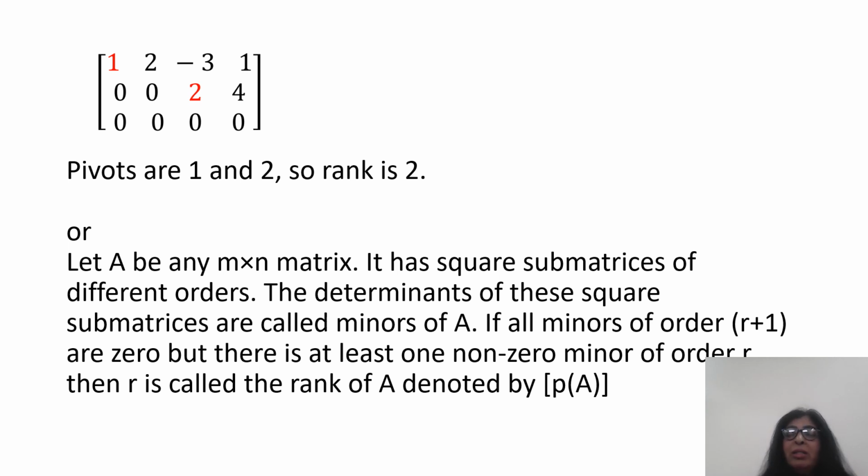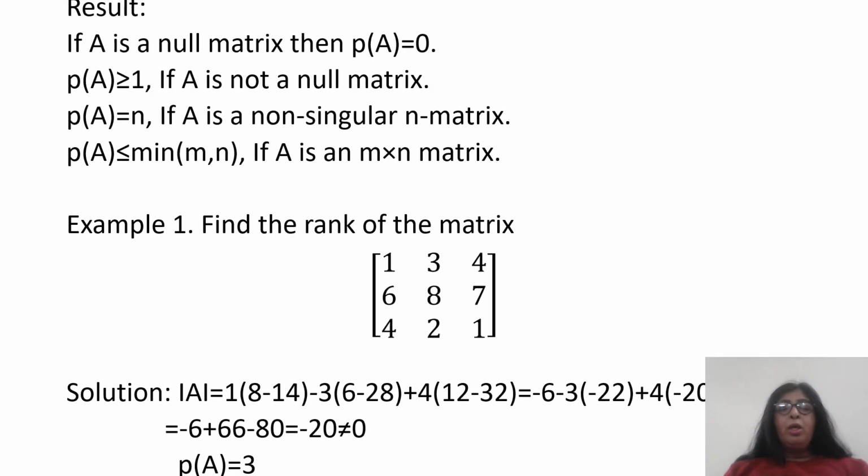So let us take up the example of the matrix. You can see that it's a 3 by 3 matrix, or matrix of order 3. First of all, we will find the largest minor. The largest minor here is of order 3. So I take the determinant of that, and expand it with the help of R1.